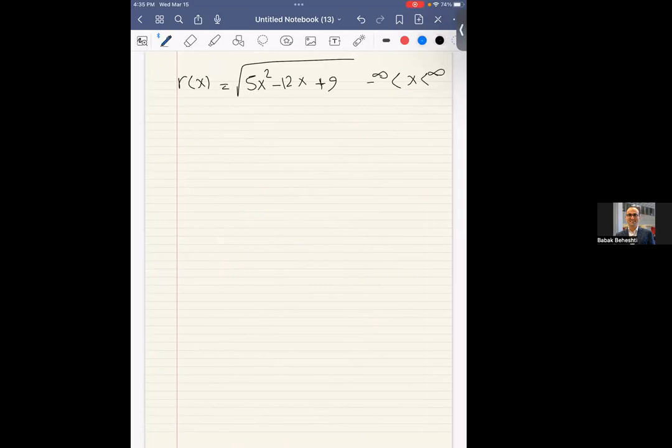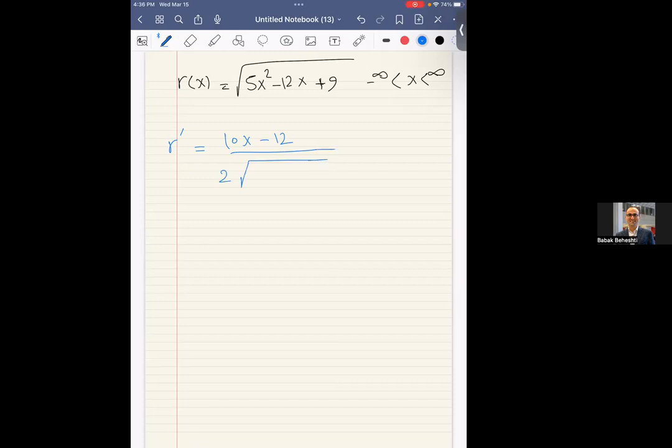So as usual, we should compute the derivative and find the critical points. What is r prime, the derivative? This is a square root of something, so I first take the derivative of what is inside the square root, which is 10x minus 12, and then divide by 2 times the square root.